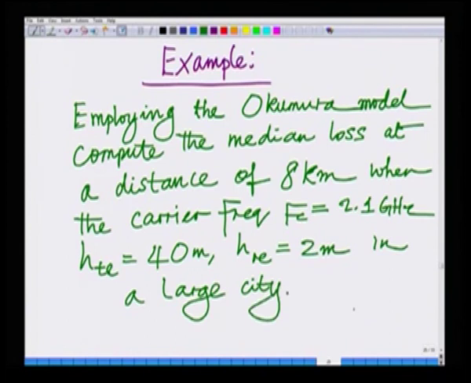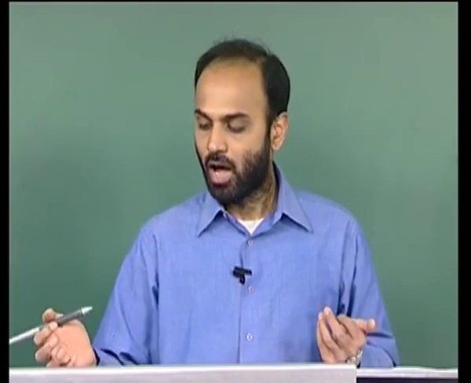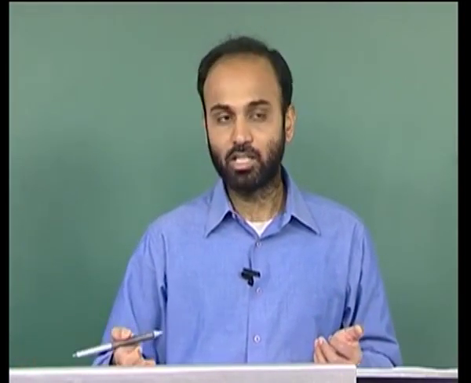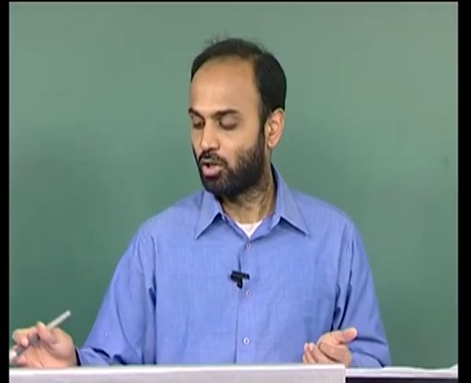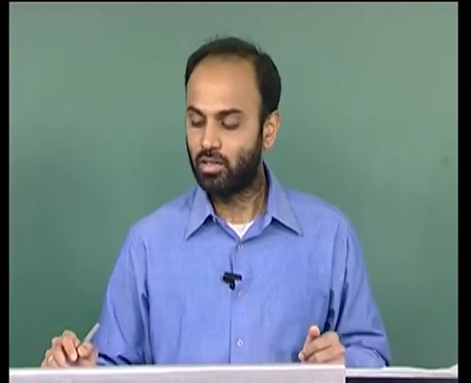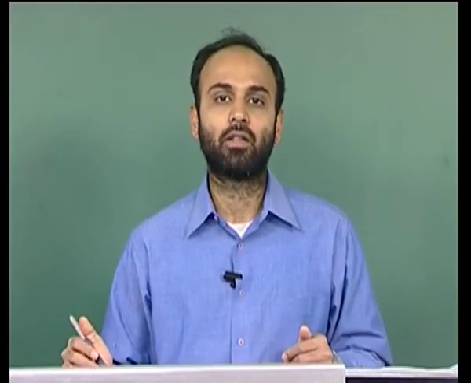So, what we want to do is employ the Okumura model to find the path loss in an urban propagation environment, that is in a city, at a distance of 8 kilometers, which is typically the radius of cellular base stations, 5 to 10 kilometers, and a carrier frequency of 2.1 gigahertz, with the transmitter mounted at height 40 meters and a receiver height 2 meters, roughly slightly larger than the height of a normal person, which is around the 1.5 to 2 meter range. What does the average path loss look like? That will give us an idea of the transmit power that has to be transmitted by the base station to account for this path loss.